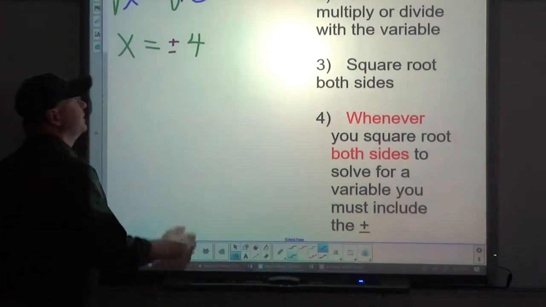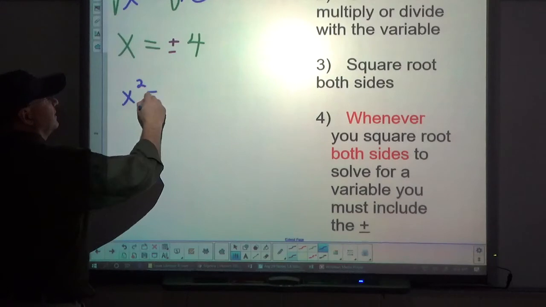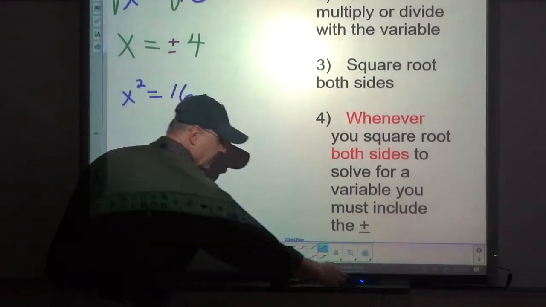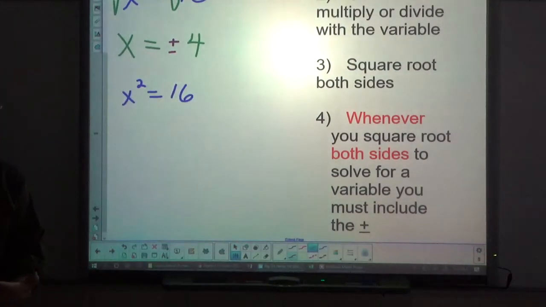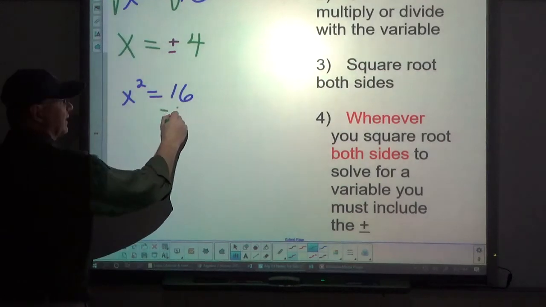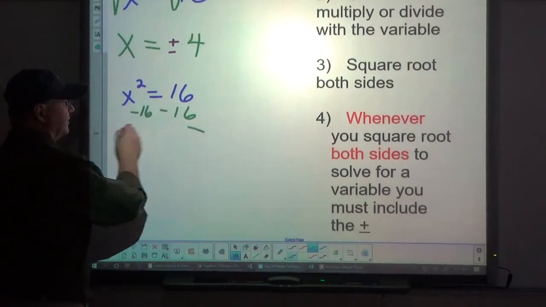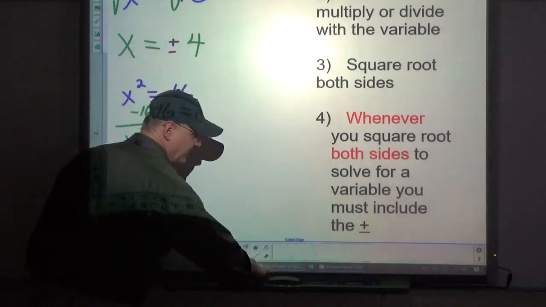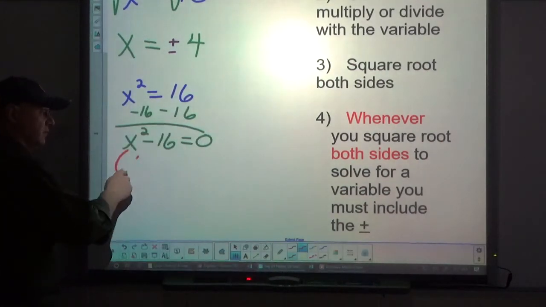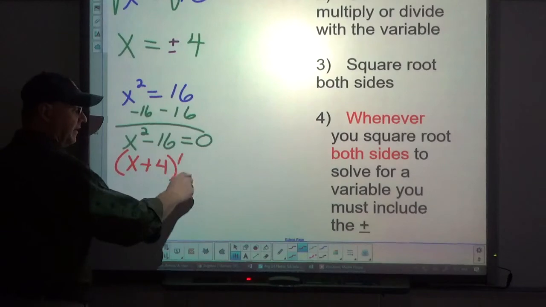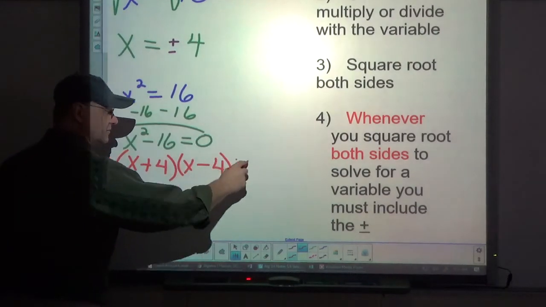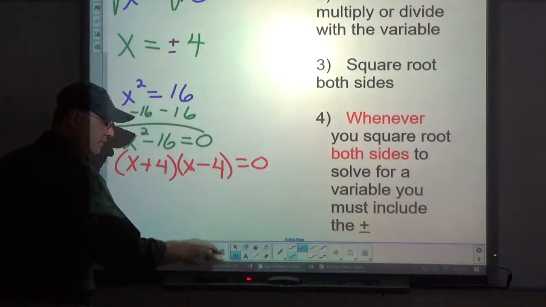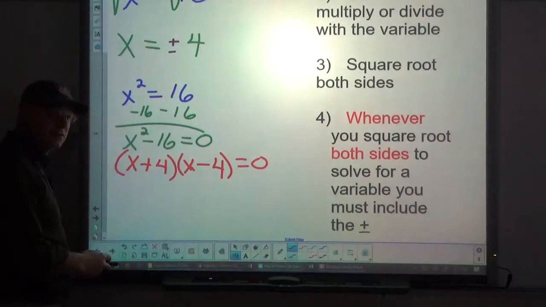Now, if we took that x squared equals 16 and used factoring to solve it, we'd have subtracted 16 from both sides. X squared minus 16 equals 0. And then we'd have factored into x plus 4, x minus 4, difference of squares. Then we'd have set each equal to 0 and solved.